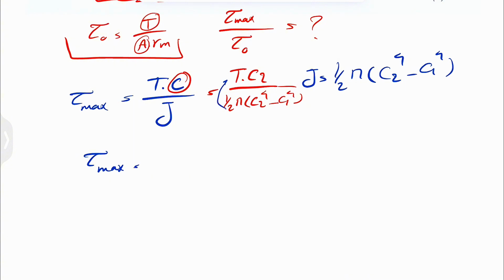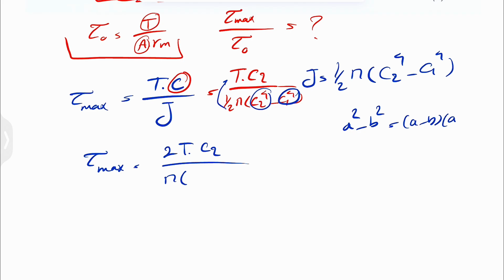The 2 can go into the numerator, so 2T C2 over pi times C2 to the 4 minus C1 to the 4. We're going to use the difference of squares: a squared minus b squared is a minus b times a plus b. So we're going to have C2 squared minus C1 squared times C2 squared plus C1 squared.